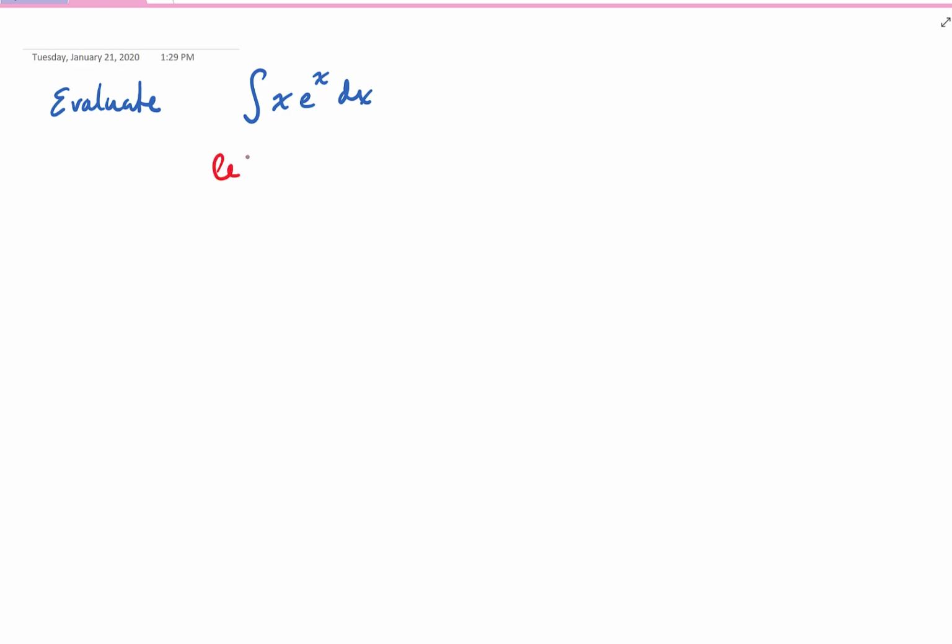In this case, we'd say let u equal x, which would mean that du is equal to 1 dx. I sometimes have students forget this dx here. It is essential that you have that. And then we'll let dv be the expression e to the x dx. Again, sometimes students forget this dx expression here in the integration by parts formula.